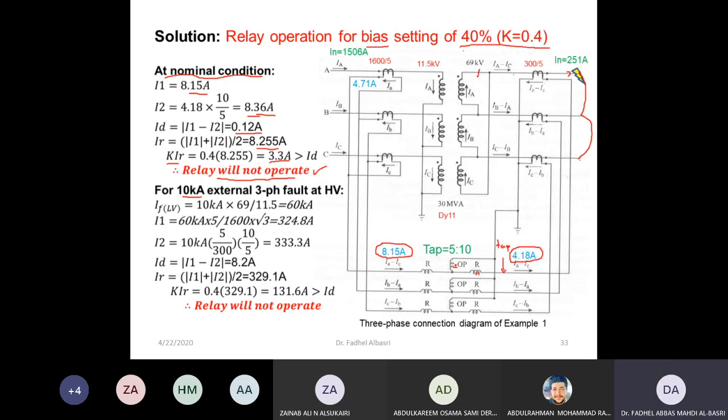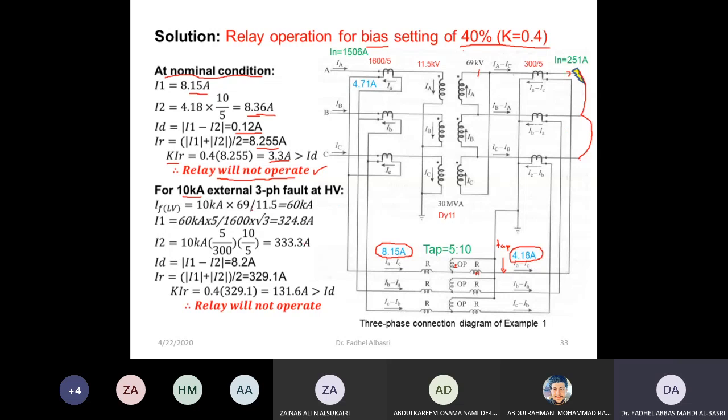This is not a fault inside, right? It's a fault outside. So the relay should not operate in this case because the fault is not inside the differential protected unit. It's not within the differential zone of protection. So if the relay operates, then it's an incorrect action. My expectation is that the relay should not operate for an external fault.